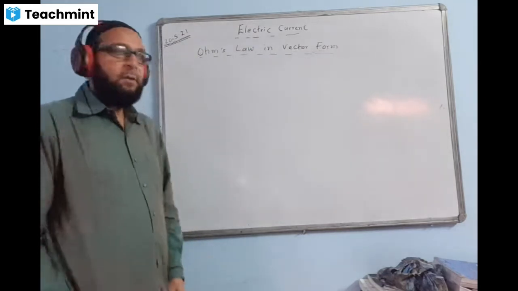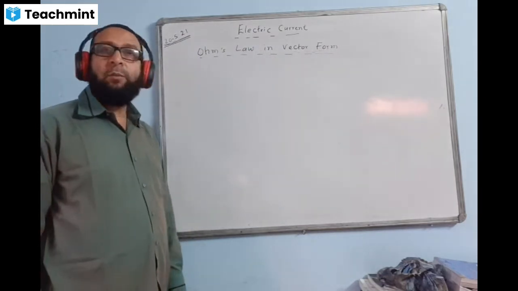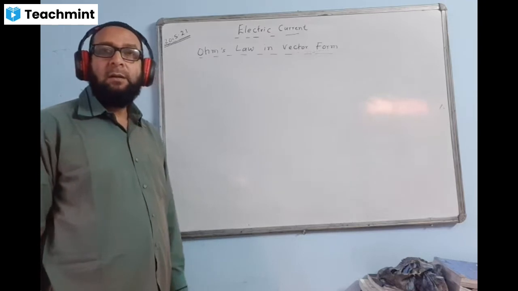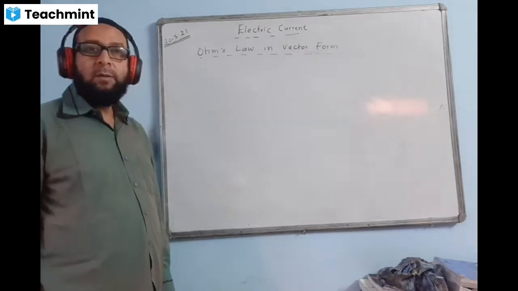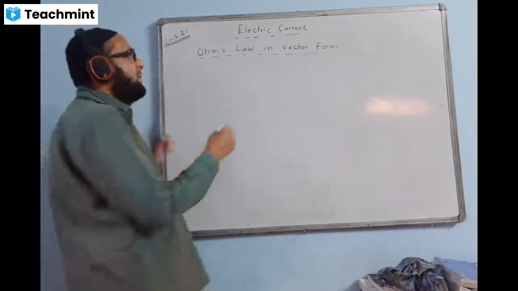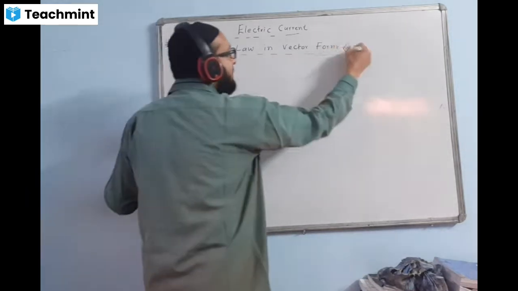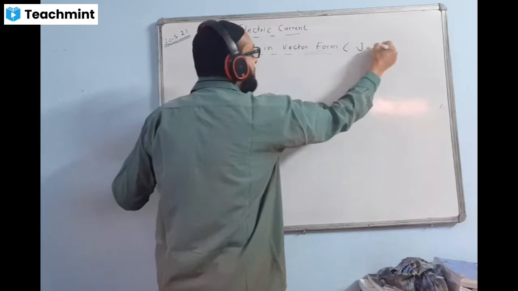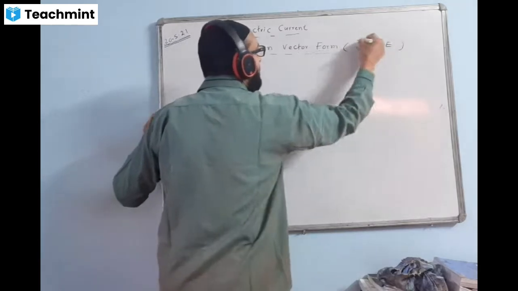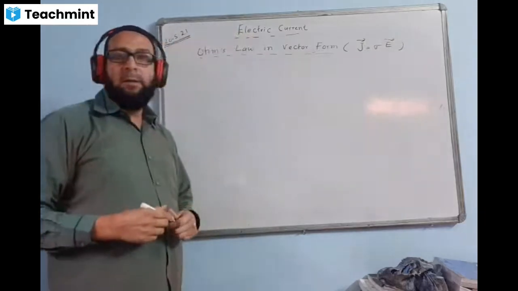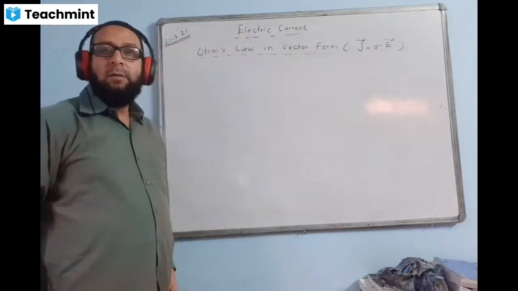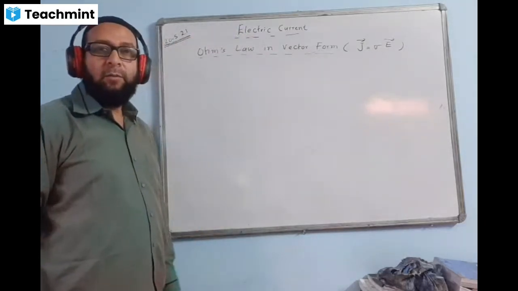This topic is important for class 12 because this topic wasn't there in class 10. This equation, J is equal to sigma E, is called Ohm's law in vector form.